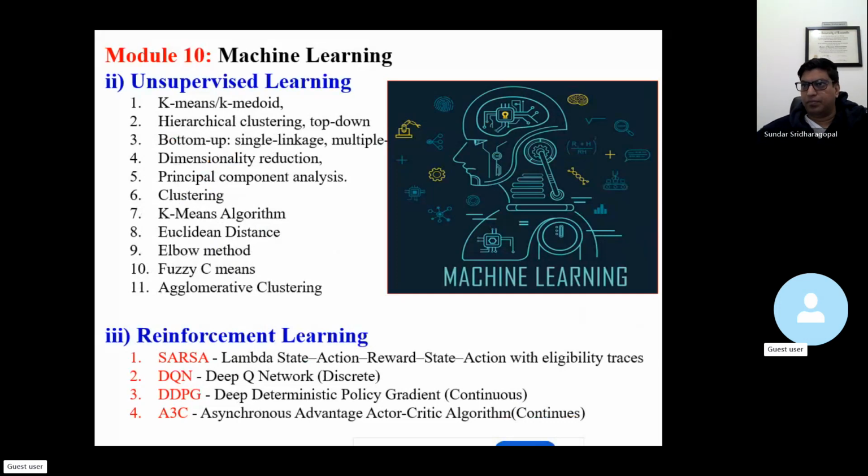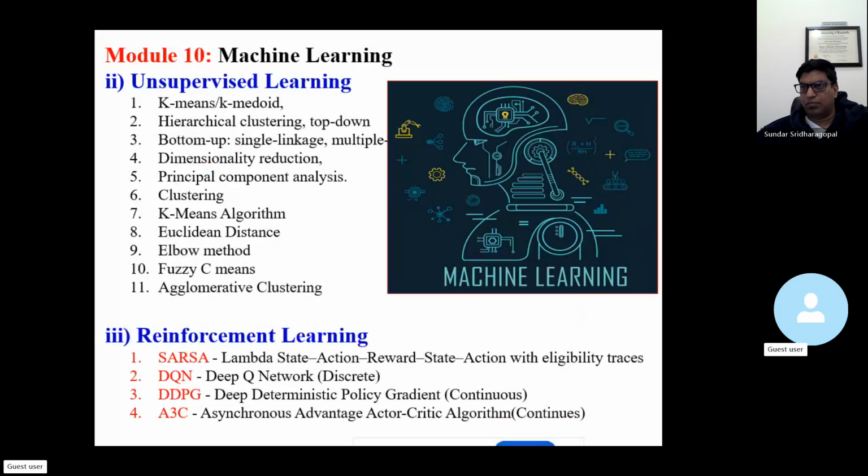Then the third approach is reinforcement learning, which is nothing but solving problems based on punishment and reward. That's why, especially in gaming applications, we are using reinforcement learning concepts like SARSA. SARSA stands for State Action Reward State Action, Lambda with Eligibility Traces. That is a continuous technique of reinforcement learning.